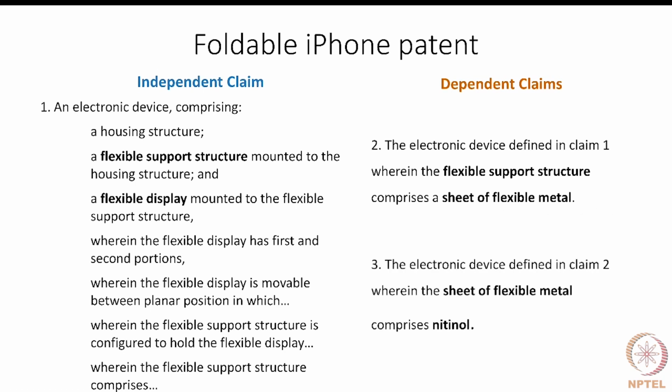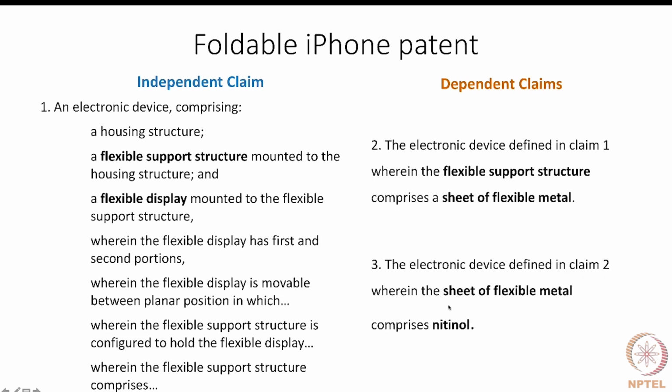The third dependent claim reads, the electronic device defined in claim 2, wherein the sheet of flexible metal comprises nitinol. Claim 3 is a dependent claim which is dependent on claim 2 because it has a cross reference to claim 2. You can see that defined in claim 2.